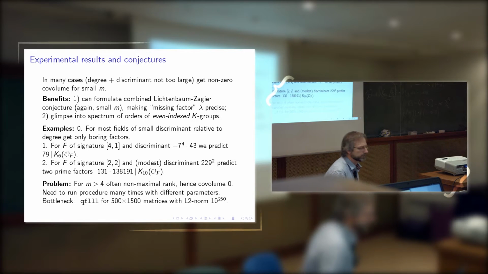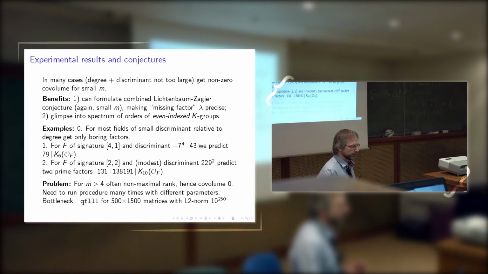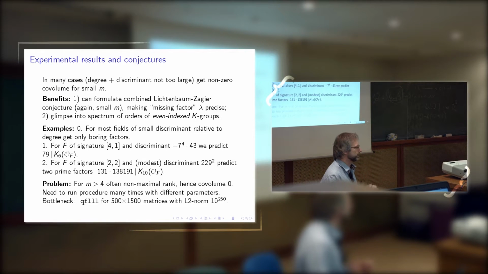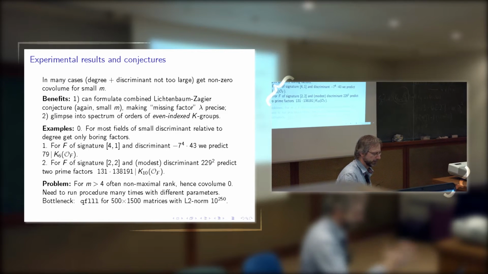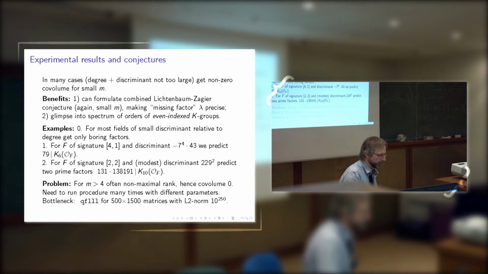And my favorite example is this, signature (2,2), and a pretty small discriminant, 229 squared. There are 2 prime factors predicted from the program. The first one is already nice, but the second one is really the one that blew my mind, so I was really happy to see such a factor come up.